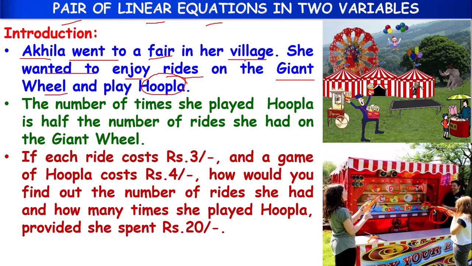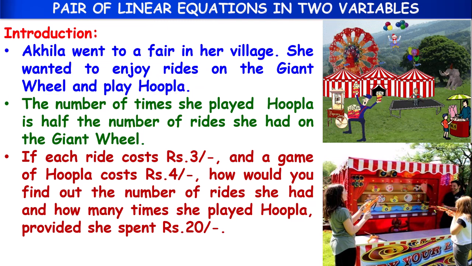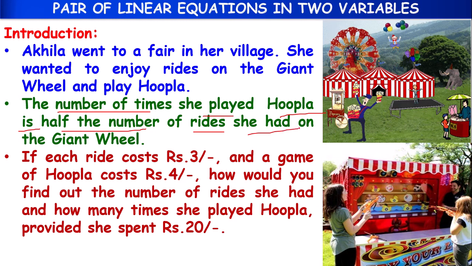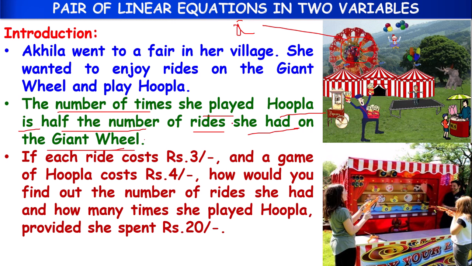So she wants to enjoy a ride on the giant wheel, and she wants to play the game of hoopla. Here, the number of times she played hoopla is half the number of rides she had on the giant wheel. Suppose she has taken x rides on the giant wheel, because it is unknown.